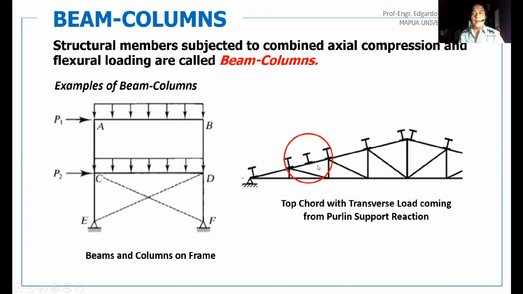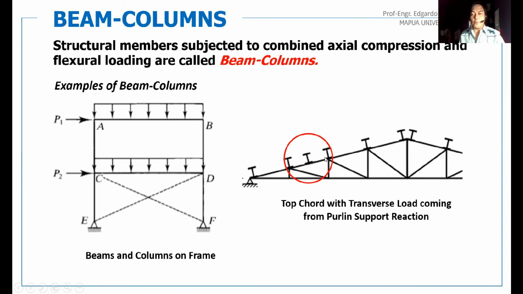Although we know that in analyzing truss members, we only consider axial forces, so the top chord carries axial compression, because of the purlin on top of the top chord, aside from axial compression, it also experiences bending. Therefore, in this case, the top chord member is considered a beam column.